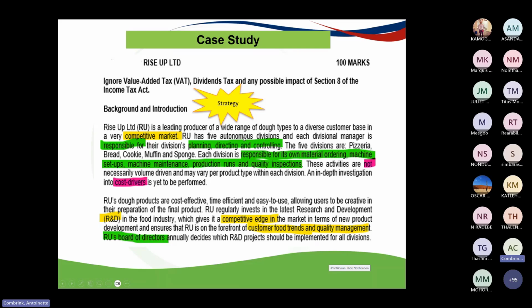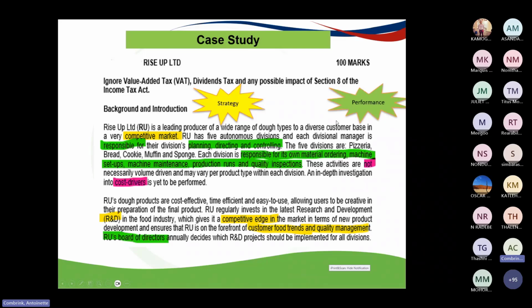They have 5 autonomous divisions, and each manager is responsible for their planning, directing, and controlling. They all do their own material ordering, machine setups, etc. So this part is then important for performance. But remember, we said this part of the question is going to be for homework and for revision for the exam.